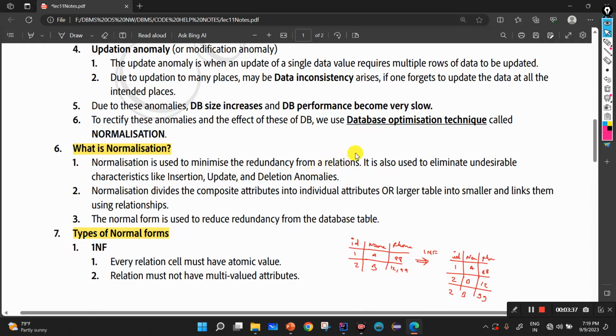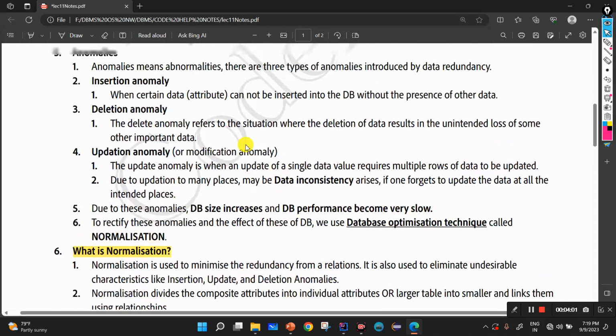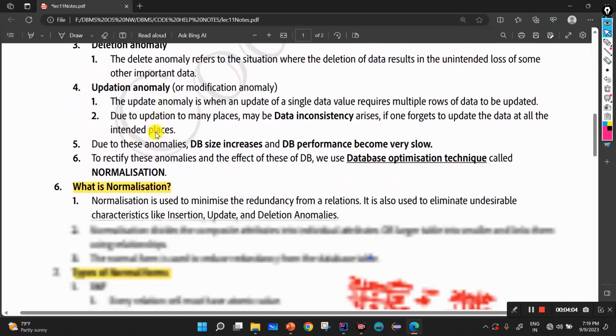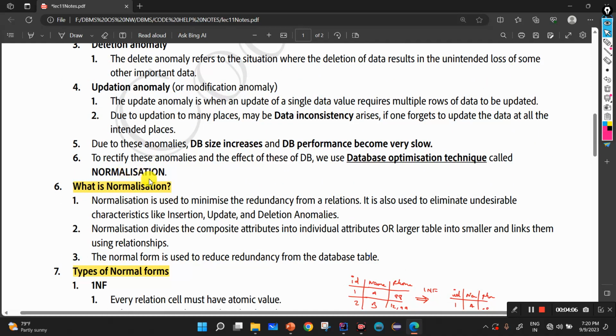We have to remove this dependency to make our DB easier and clearer. It is also used to eliminate undesirable characteristics like insertion, updation, and deletion anomalies. I will teach you about anomalies, but before this you have to understand the normalization term. Normalization is used to reduce redundancy from the database.